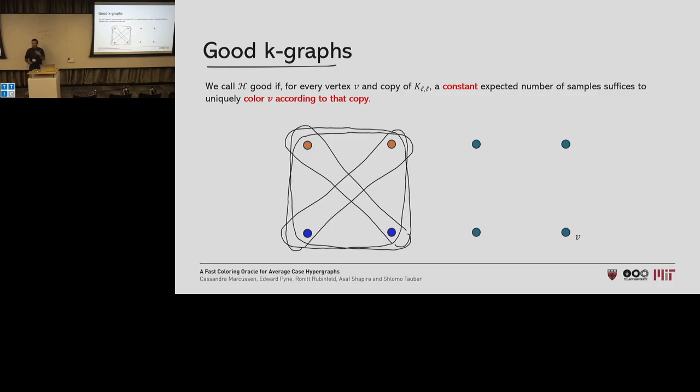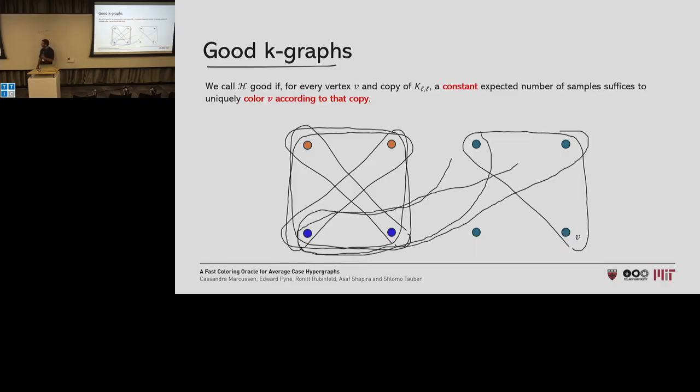So if H is good, we need only a constant amount of samples to find k-1 vertices that share an edge with the vertex V. And each one of them shares an edge with k-1 vertices in the same independent set of the copy. So now each vertex we sampled must be colored with the same color according to the copy.